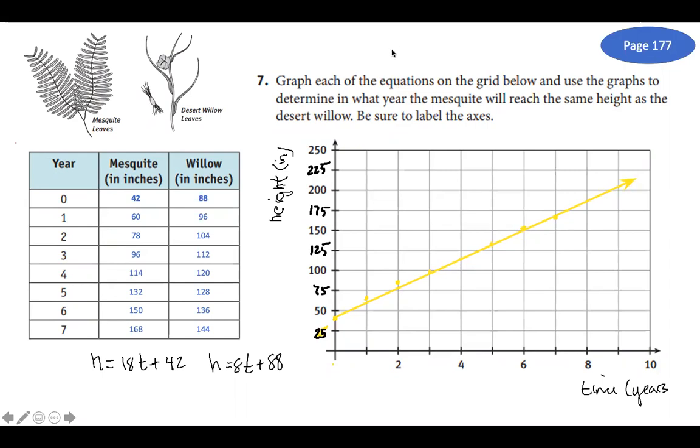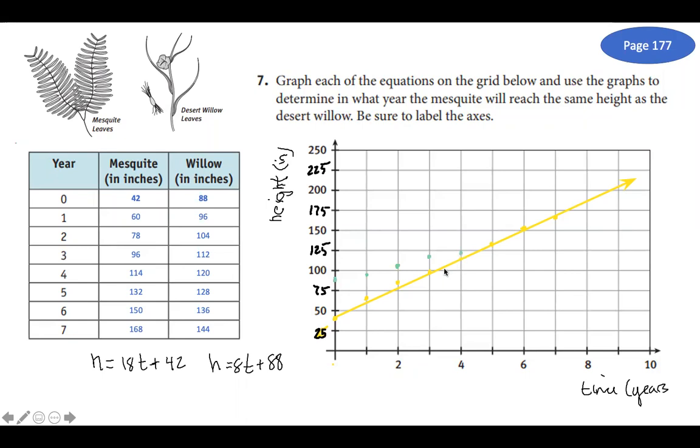Let's go to green for our willow tree. All right, 0 is 88 inches. 88, it's going to be somewhere between 75 and 100. And then 1 year is 96, so almost 100. 2 years is 104, so a little bit over 100. 3 years is 112, less than 125. 4 years is 120.